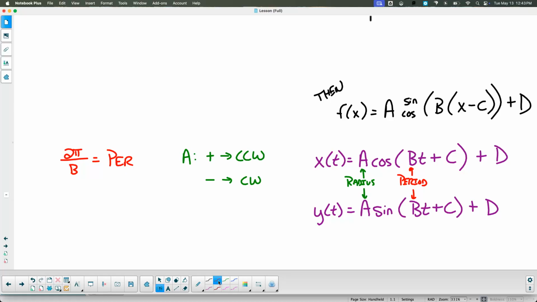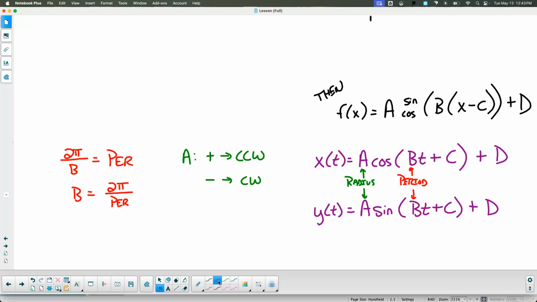Or simply that b was equal to 2 pi divided by the period. Either one of those work. But we've got to remember that because we need to find our period. Period, remember, is the amount of time it takes to get back to the same spot.